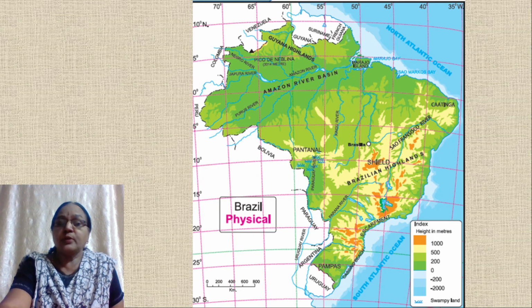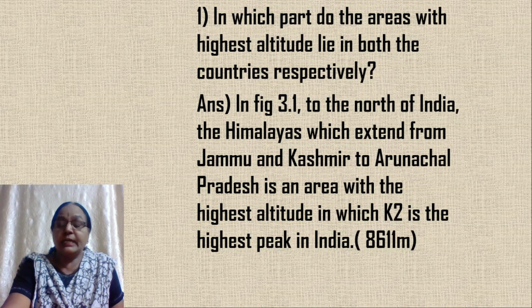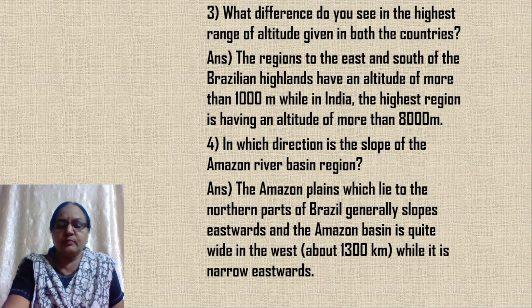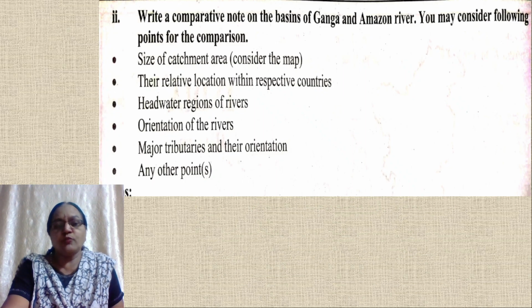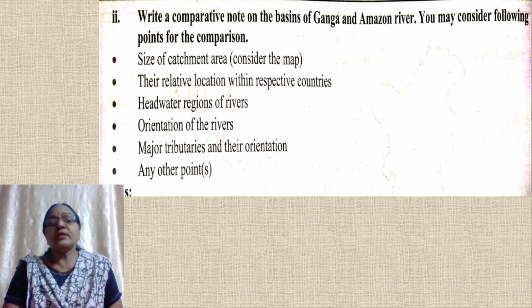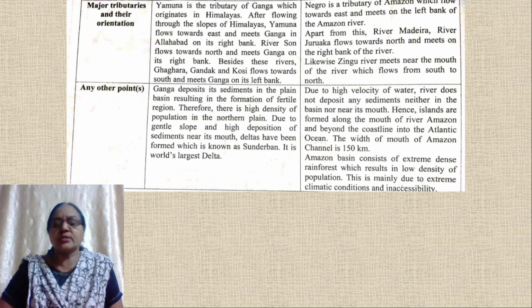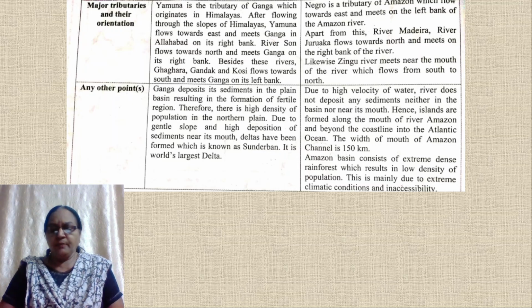Do not neglect map reading, it is very important from the point of view of your exams. A comparative note on the basin of Ganga and Amazon river is also very important. Just go through what I've just taught you, children. Okay, thank you.